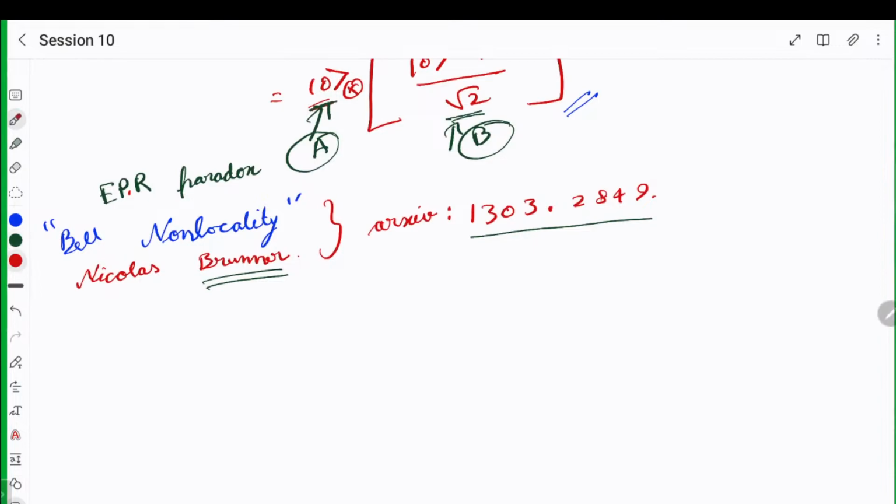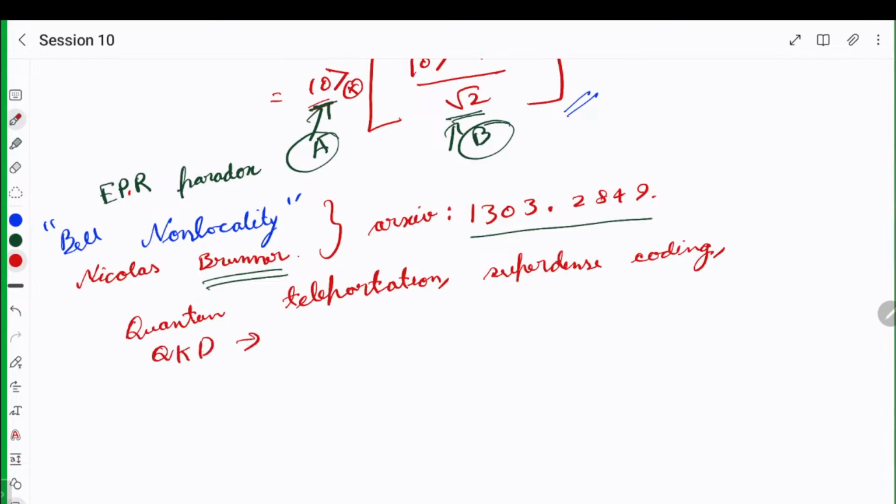And for quantum teleportation, superdense coding, and QKD, you can just simply look at Nielsen and Chuang.